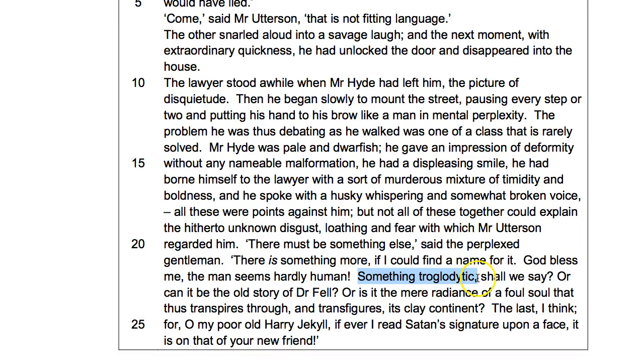So there's an ironic interpretation of descent, which Stevenson gives real voice to when he creates Hyde, because Hyde descends in the literal sense from Jekyll, because he's created by Jekyll and comes from him, but also descends in that he is an evolutionary throwback, a worse version of Jekyll, and hence the word troglodytic.